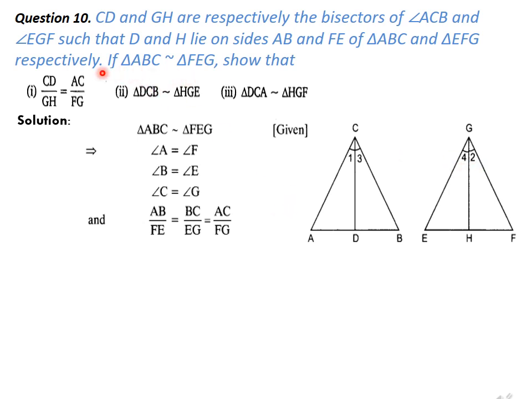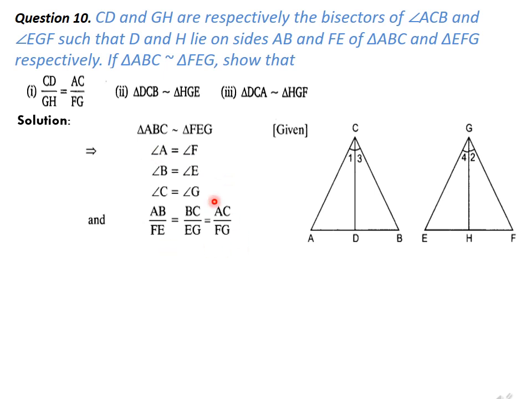It is already given that triangle ABC is similar to triangle FEG. Since they are similar, we can conclude that all their corresponding angles are equal. So since all the angles are equal, angle A is equal to angle F, angle B is equal to angle E, and angle C is equal to angle G. From the name only we can write down the following.